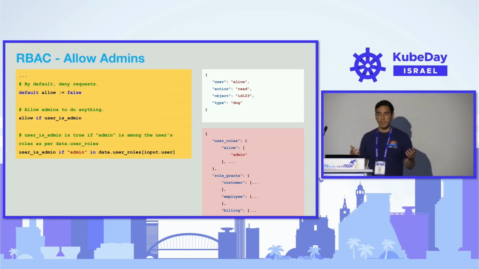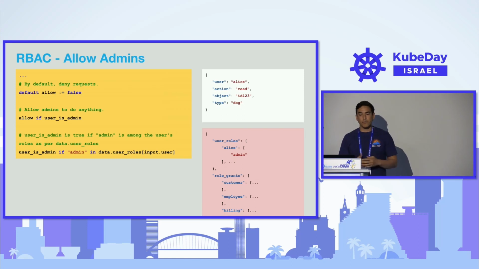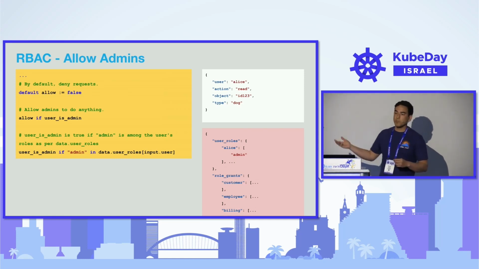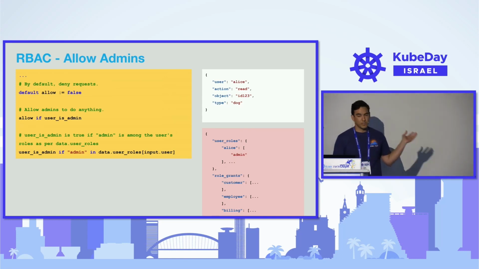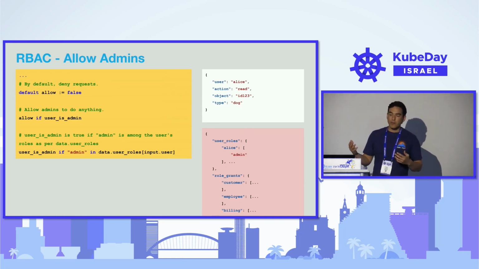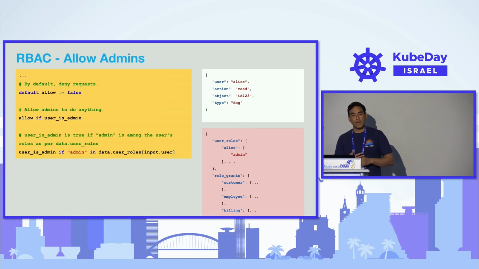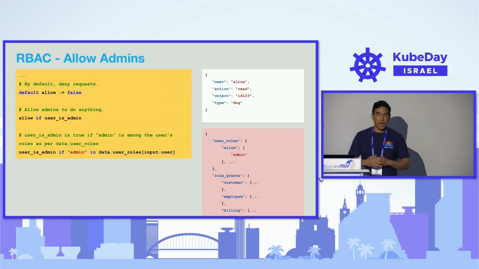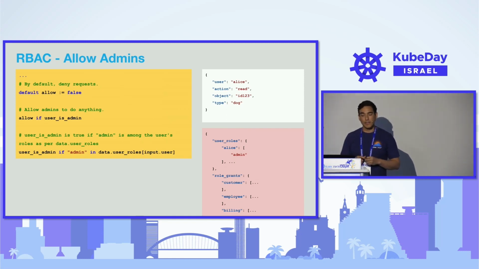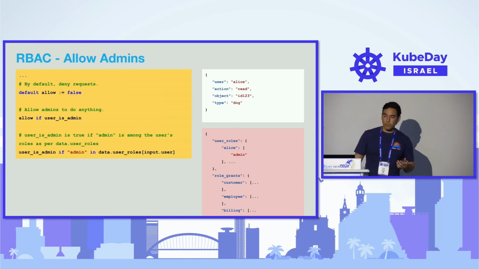So in this case, we're thinking about an API request for a user trying to perform some sort of action on a specific object with that ID and the type dog. And so what we're doing now is basically looking up that user that we see is Alice in the box and seeing what role Alice has assigned. And in here we can see that Alice is an admin, so this rule would become true.